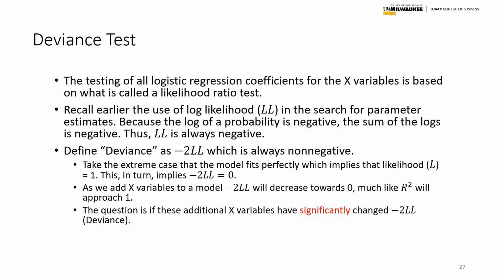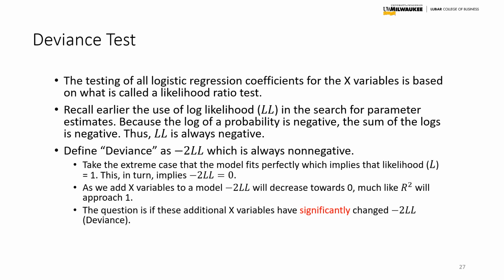Define deviance as minus 2 times LL. Well, you got a minus times a negative, you're going to get a non-negative number. And I say non-negative because you could actually have LL be 0. How could LL be 0? That's the extreme case where the model fits the data perfectly.